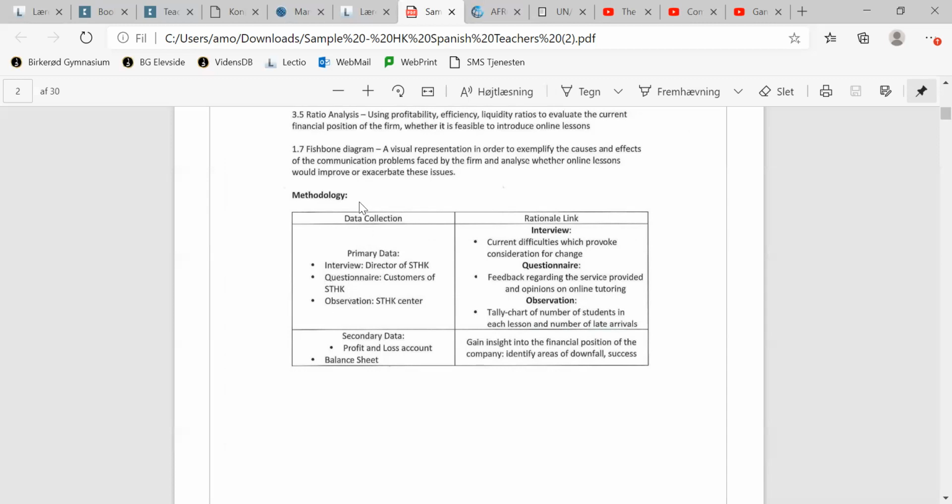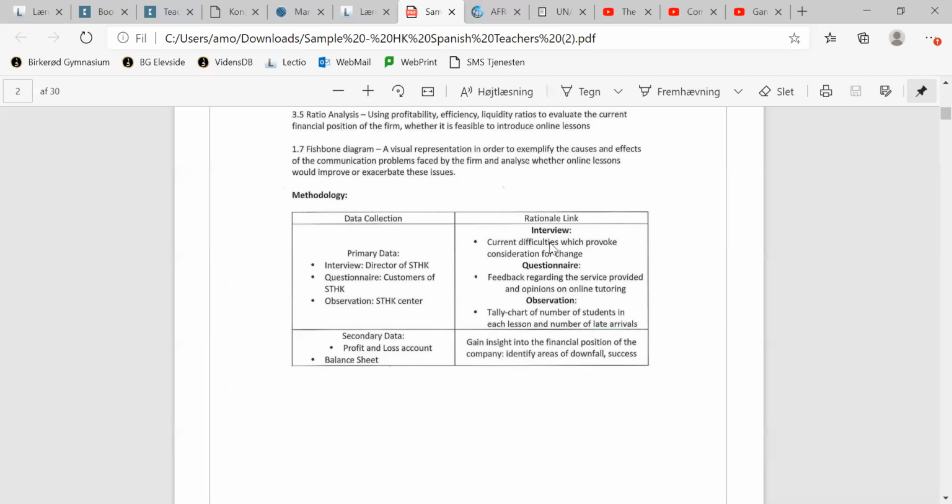He basically just lists what he's doing. Down here, he talks about the secondary data, data such as financial numbers. And he gives the rationale. He explains what he's going to do, and in some cases mentions why.